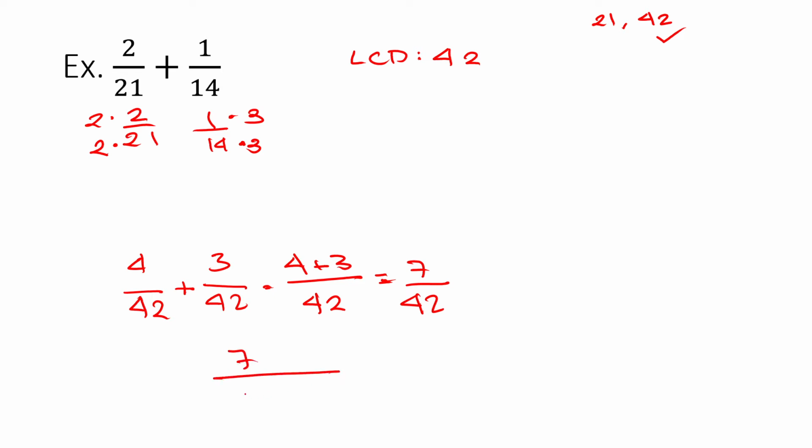So first of all, we need to divide 7 and 42 with the same number. In this case, it's 7. 7 divided by 7 is 1, and 42 divided by 7 is 6. So we can simplify 7 over 42 as 1 over 6.